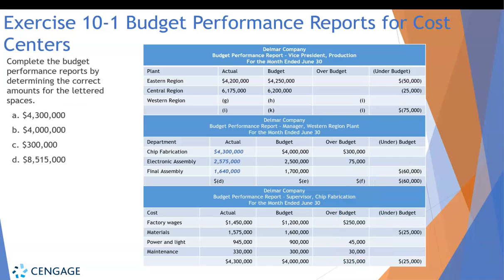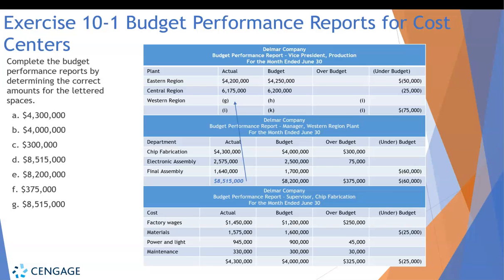For D, we show the actual cost of $8,515,000. For E, the total budgeted cost is $8,200,000. For F, we were over budget $375,000.